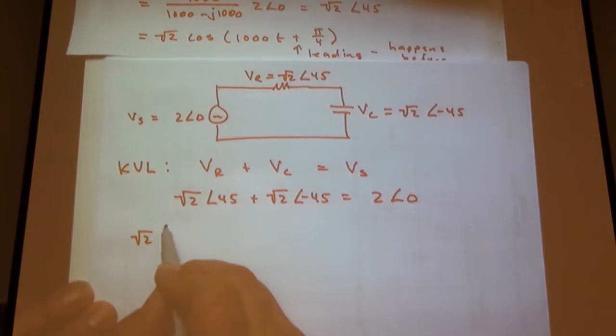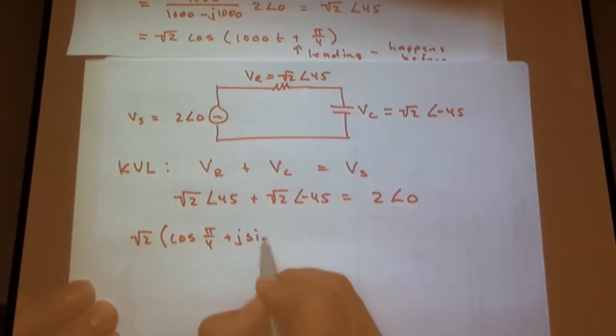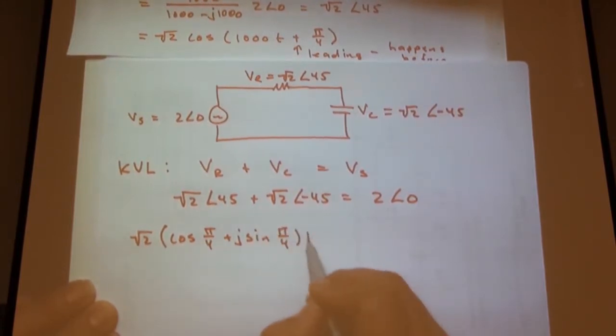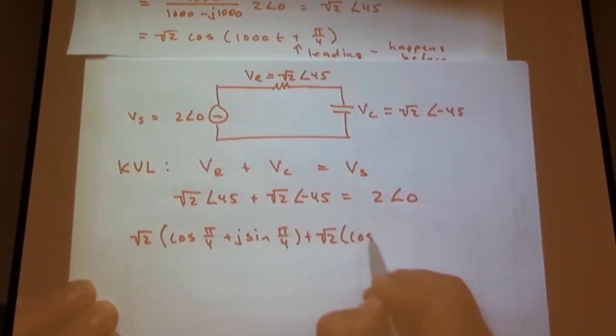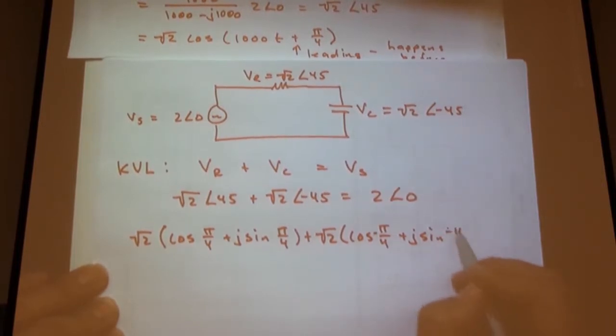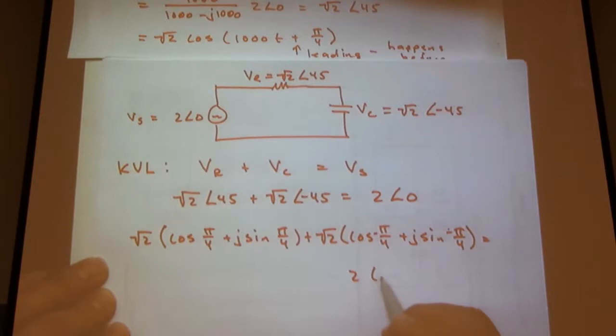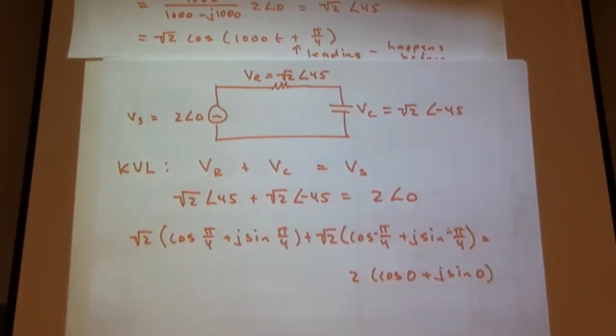Square root of 2 cosine pi over 4, or 45, plus j sine pi over 4, plus square root of 2 cosine pi over 4 minus pi over 4 plus j sine minus pi over 4 equals, not enough room, 2 cosine 0, which I hope we agreed is 1, plus j sine 0, which I hope we agree is 0. And we can go through all that math.